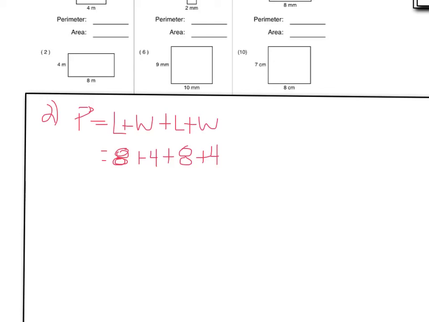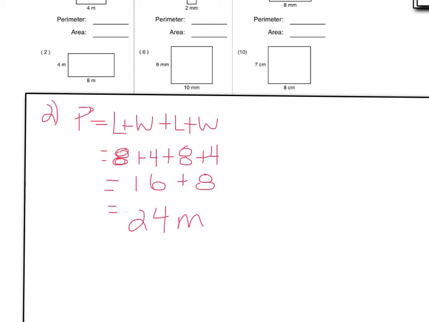Thinking of the commutative property for addition and multiplication, it doesn't make any difference what order you add these in. 8 plus 8 I'm going to take, just to show you that it won't make a difference, is 16, and 4 plus 4 is 8. And then I can take a look. 16 plus 8 is 24.